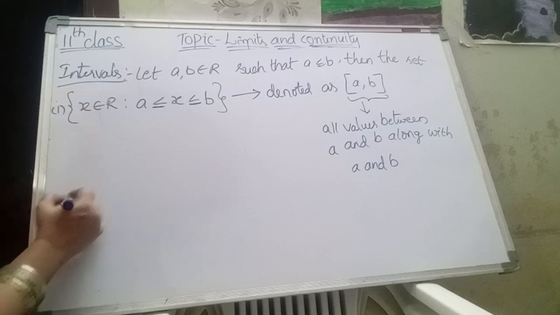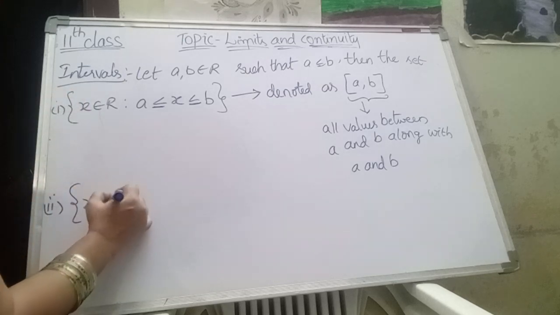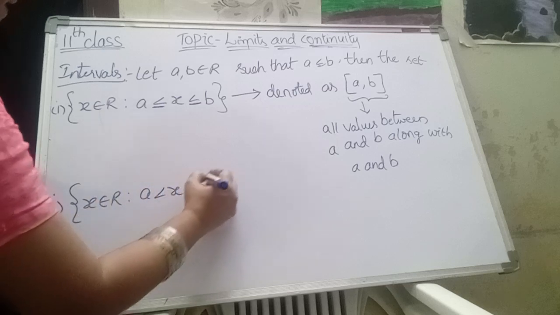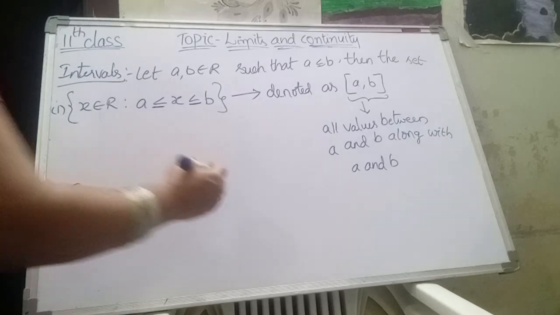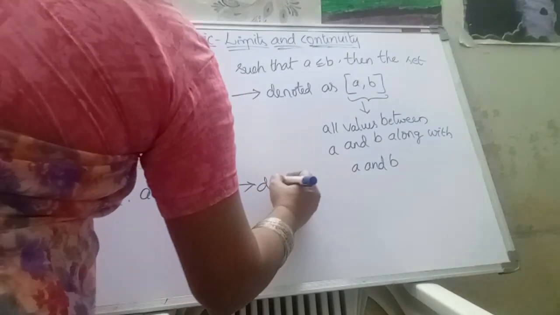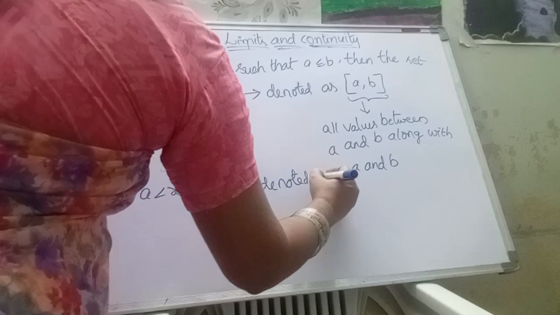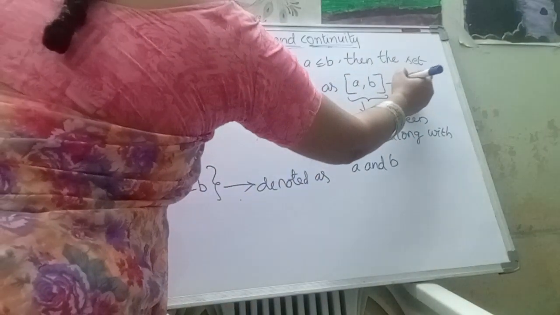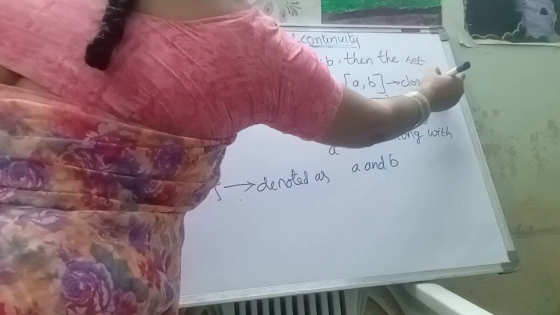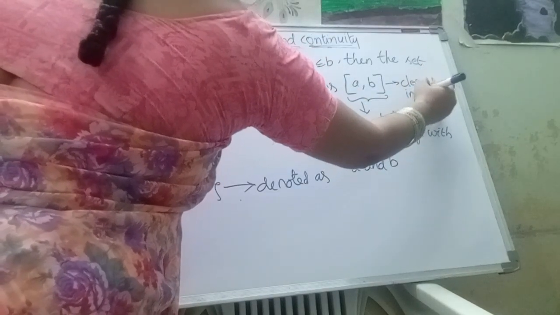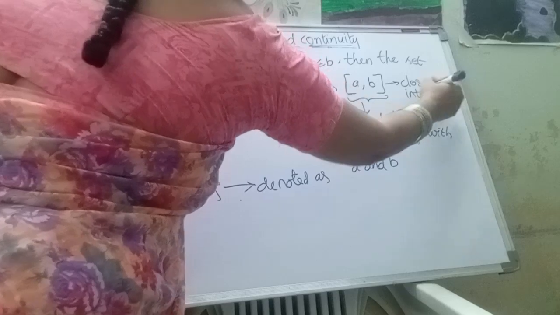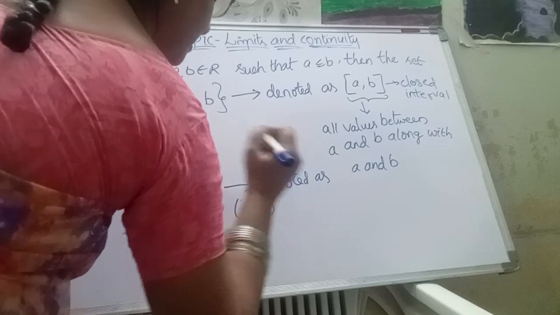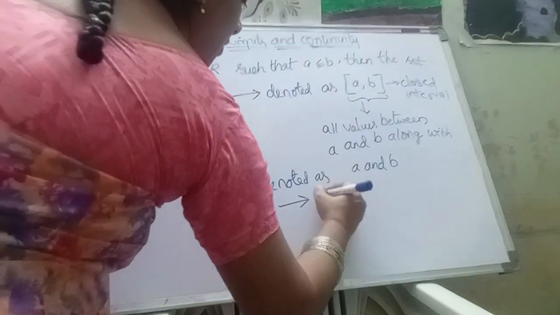Next, the second one: the set of x belongs to capital R such that a less than x less than b. The first one is called a closed interval, and this one is denoted as (a, b). This is called an open interval.